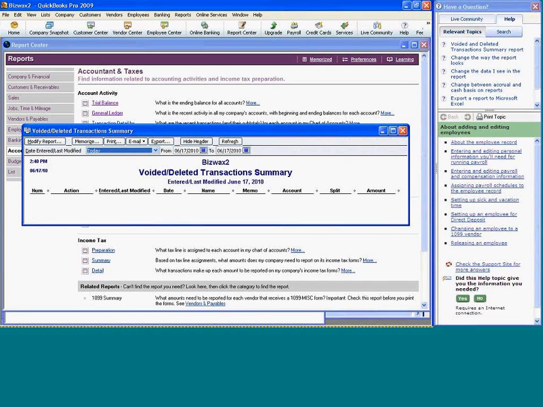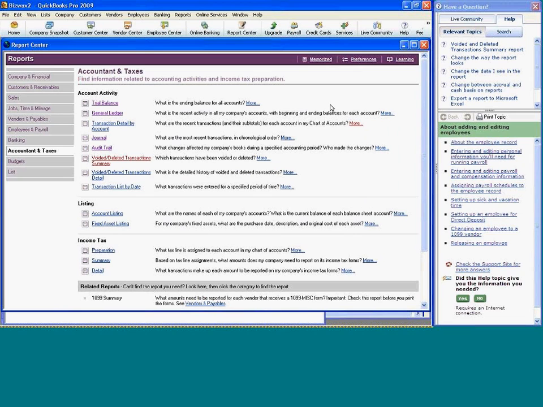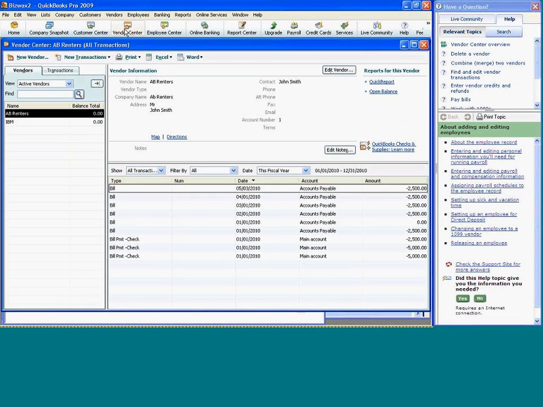The voided deleted trail, we didn't have any things voided deleted. But remember, I had one invoice, I think, or a bill that I can void. Let's get back to this one second. Yeah.